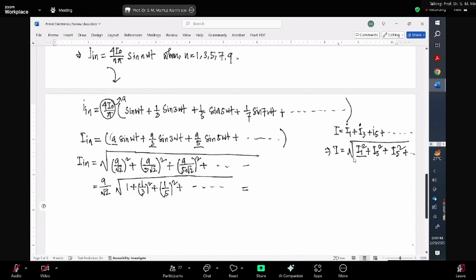So this term we can write as A over √2 times the square root of the summation from p equals 1 to infinity of 1 over (2p minus 1) whole square. If you put p equals 1, 2 minus 1 is 1, so 1 over 1 square, it should be 1.